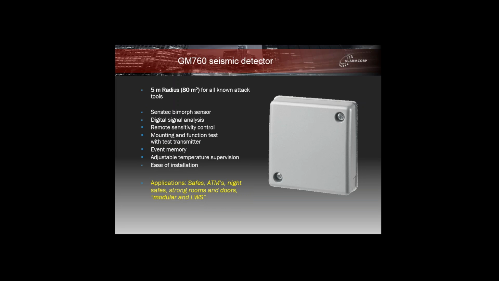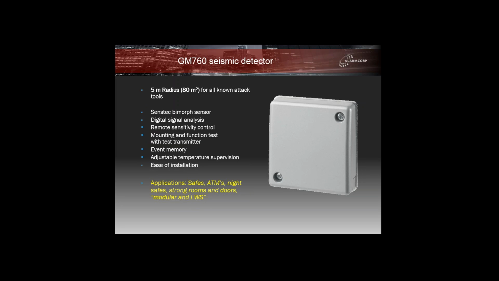GM760 isn't that much different. I'll just highlight the differences. This one has a 5-meter radius, so a slightly larger range. So then typically that would suggest it's for bigger safes or bigger areas. It has the same sensor, same processing, same inputs and outputs. This device also has an alarm memory, an event memory for 100 events.